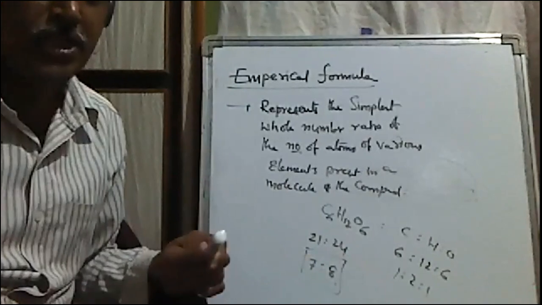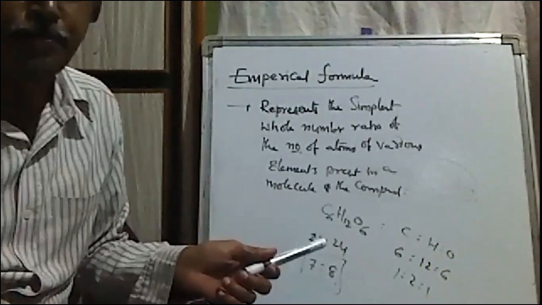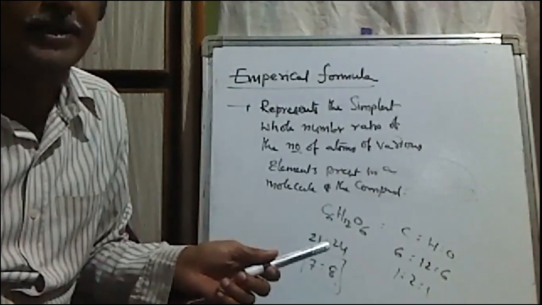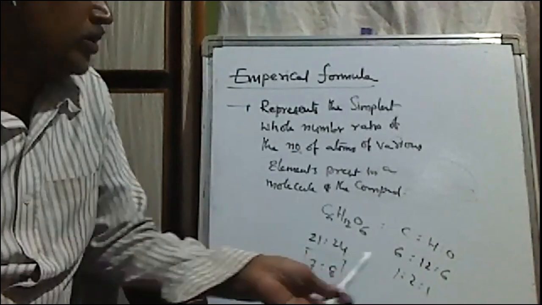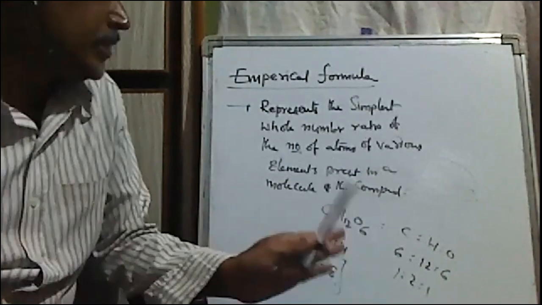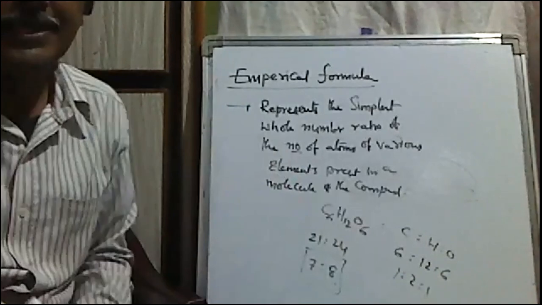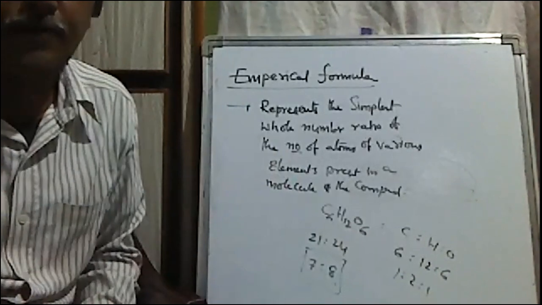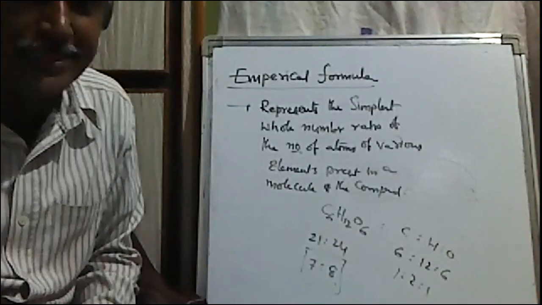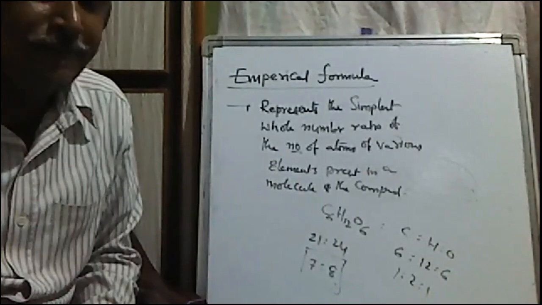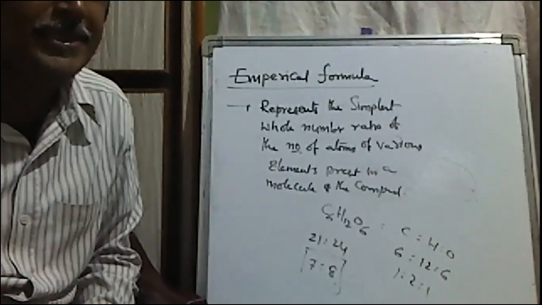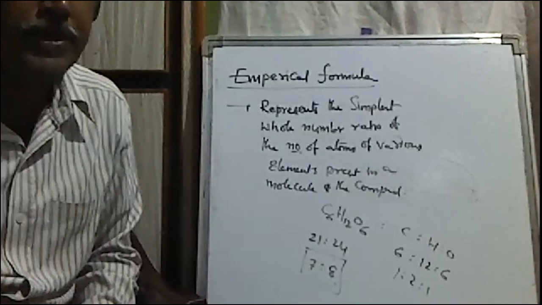The simplest ratio of elements present in the molecule of the compound gives the empirical formula. Empirical formula represents the simplest ratio of various elements present in the compound or molecule.